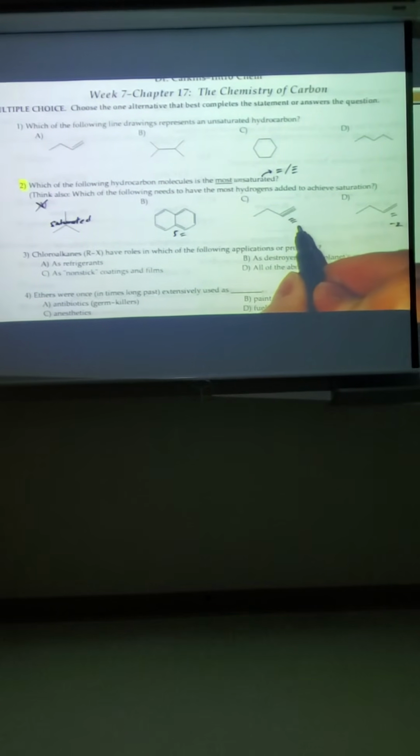Every time you have a double bond, you're going to lose 2 hydrogens. A triple bond's kind of like having 2 double bonds, so you're going to lose 4 hydrogens there. But here, losing 2, 4, 6, 8, 10, that's 10 hydrogens lost. Definitely the most unsaturated is the arenes.